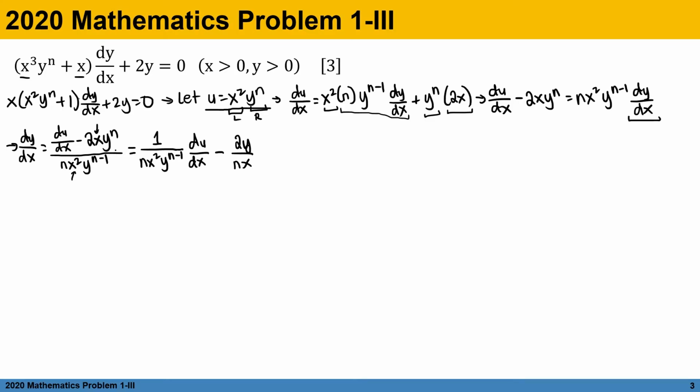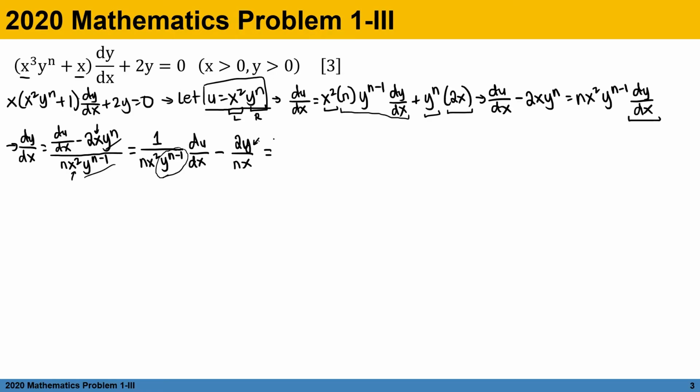And then y to the n divided by y raised to n minus 1 will give us y. Now, we can further extract y raised to n from this y raised to n minus 1, so we can later regroup x squared and y to the n to yield u.